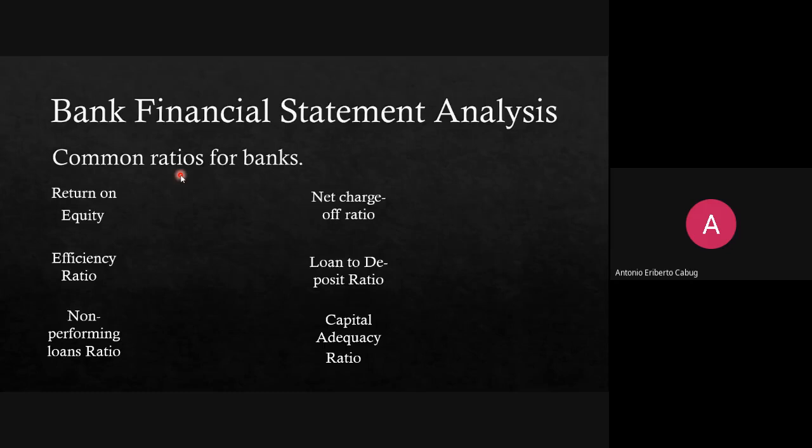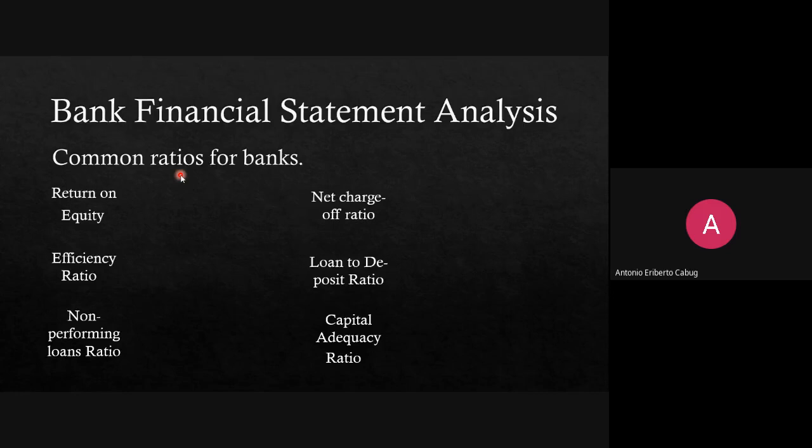Of course, when you are the manager of a bank, ratios like inventory turnover are useless, because the inventory of a bank is still cash, right?